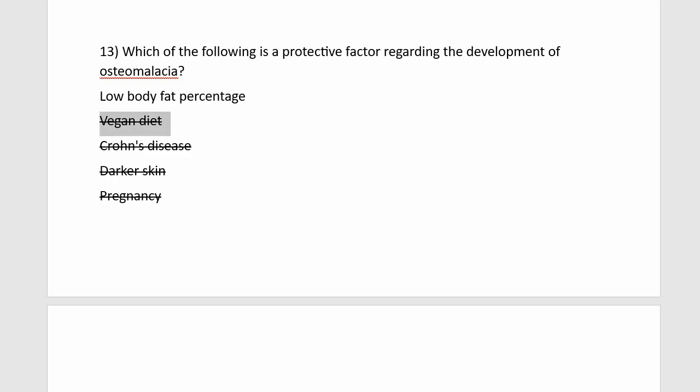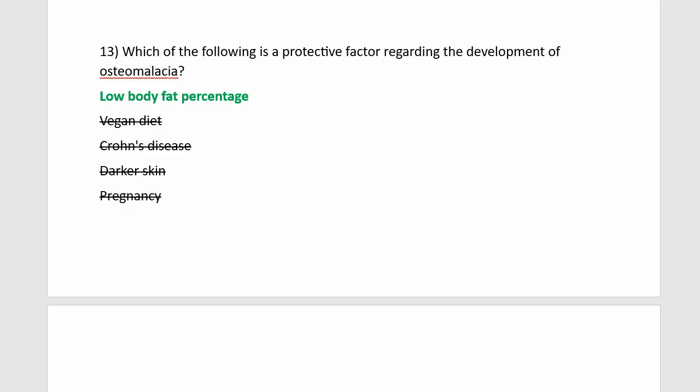So that just leaves us with low body fat percentage, which, and I've had this conversation with a few people, might actually seem counterintuitive at first, because one would think if someone has a larger fat store, then they would have higher levels of total nutrients in the body. And that's correct, but that's kind of the problem.